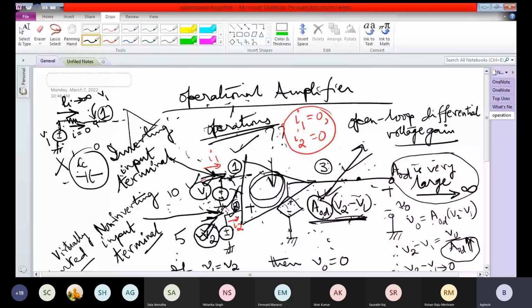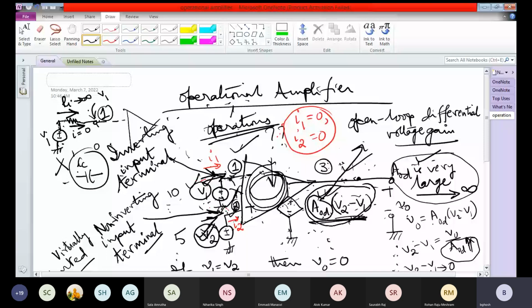Just as we are not going to address how the voltage in terminal number 3 becomes AOD times V2 minus V1 when AOD is very large. There also you could ask the question, how is this happening? And this is a very valid question. But unfortunately, we are not going to discuss this for the very precise reason that the operational amplifier to me is a black box. In this very basic course, the operational amplifier is a black box.